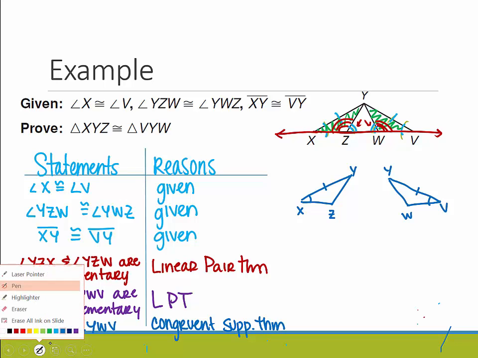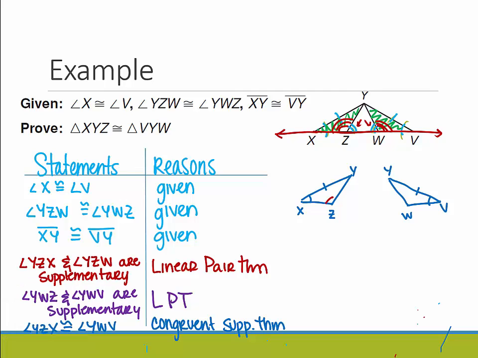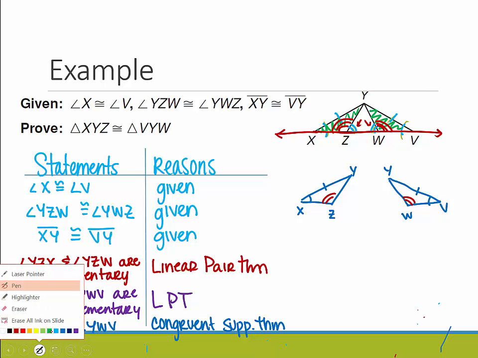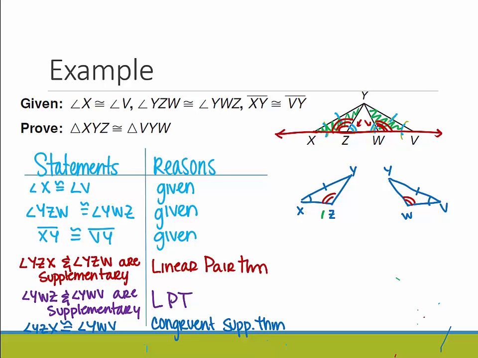So I just proved that these angles here are congruent. So now when we look at the two triangles that we're trying to prove are congruent, I have an angle and a side. And I can now say that triangle XYZ is congruent to triangle VYW because of angle, side.